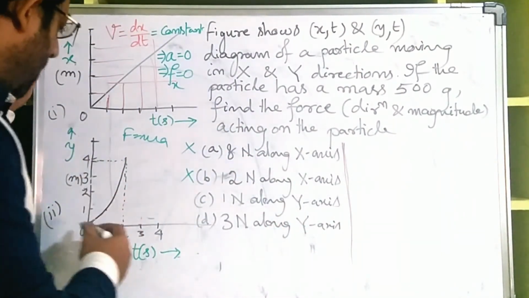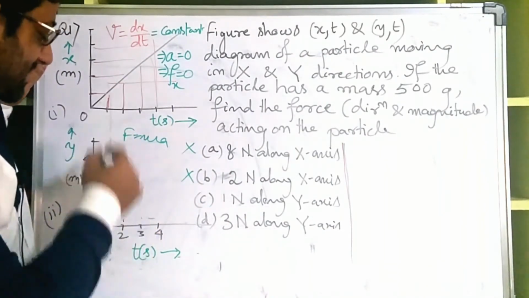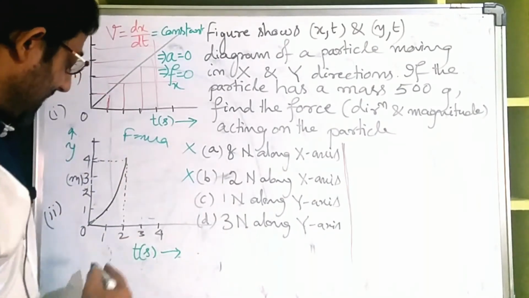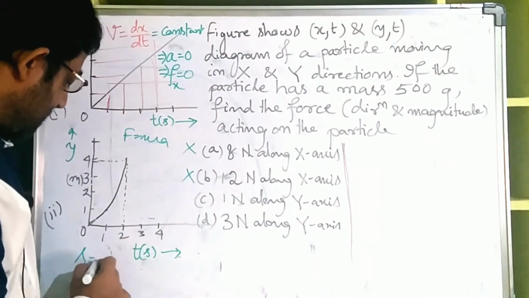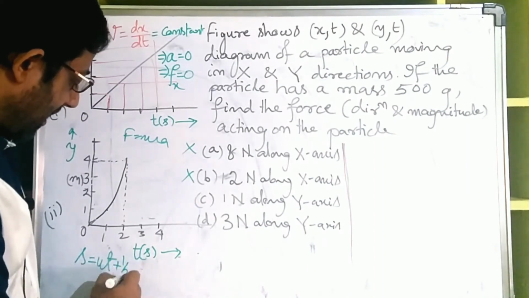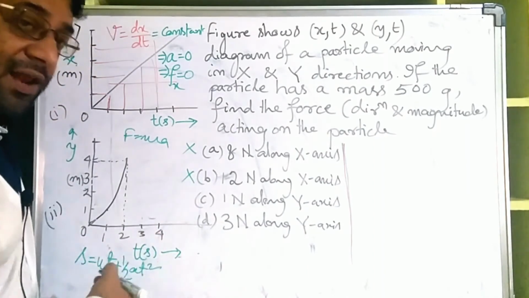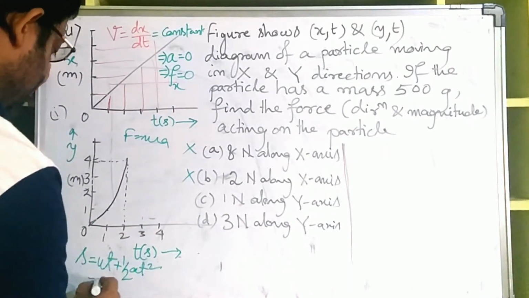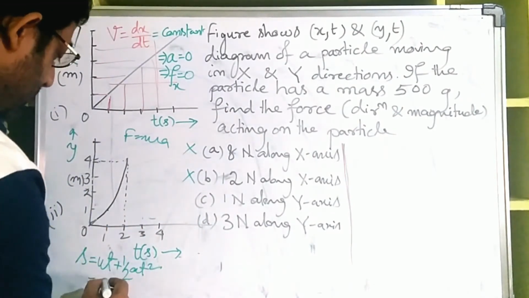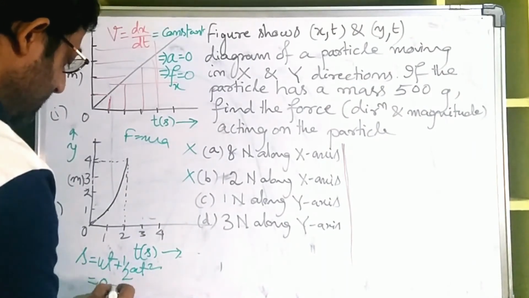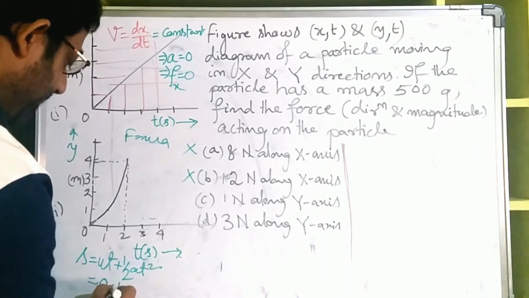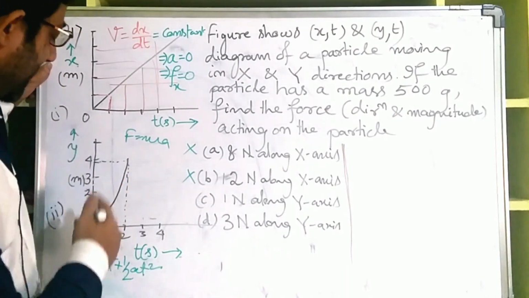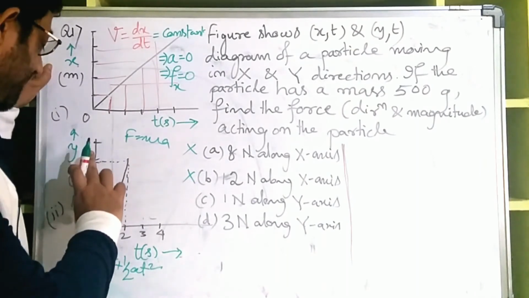Let us see. Along y-axis, yes, velocity is varying, right? So acceleration is there. How to calculate that acceleration? Apply s is equal to ut plus half at square along y-axis. It is starting from rest, so u is 0, and 0t becomes 0, plus half a t square. Now at the end, s distance is 4 meter.